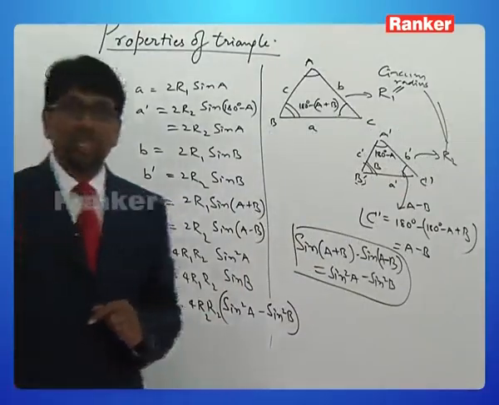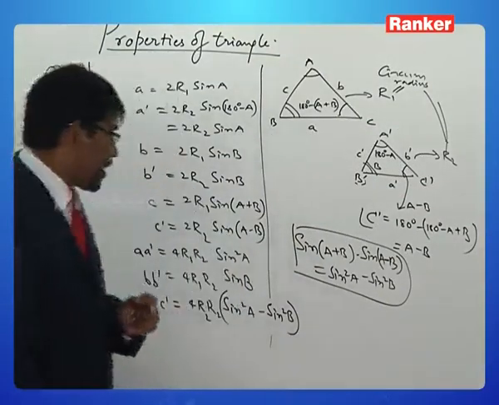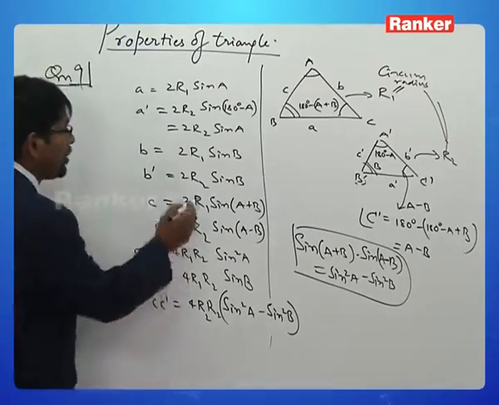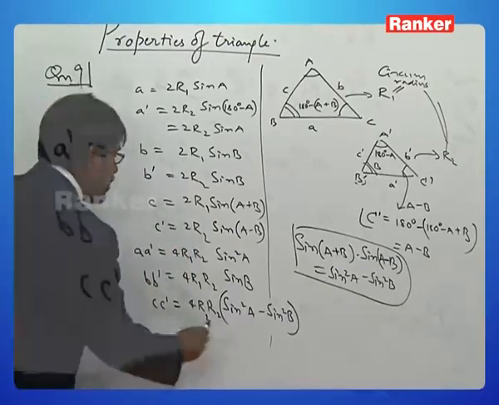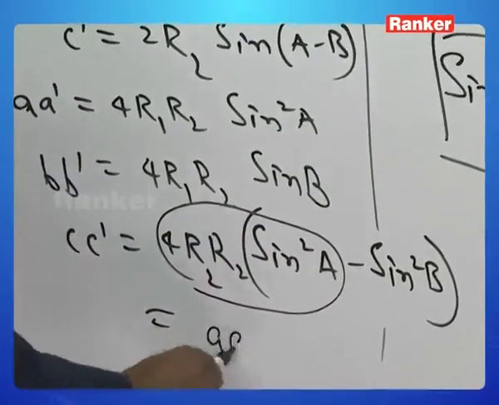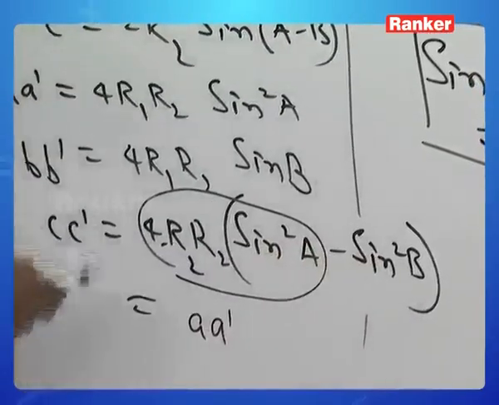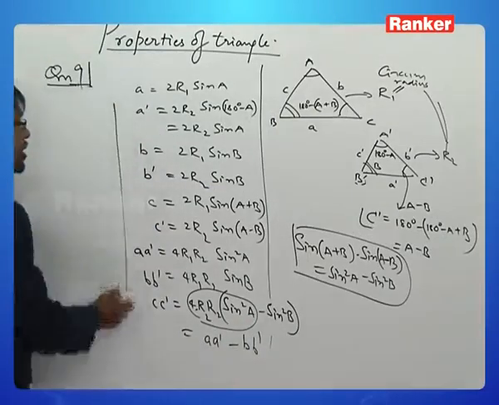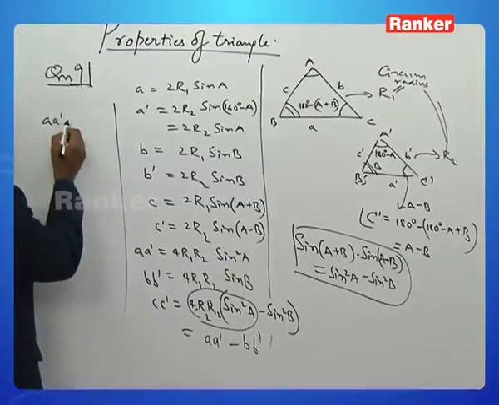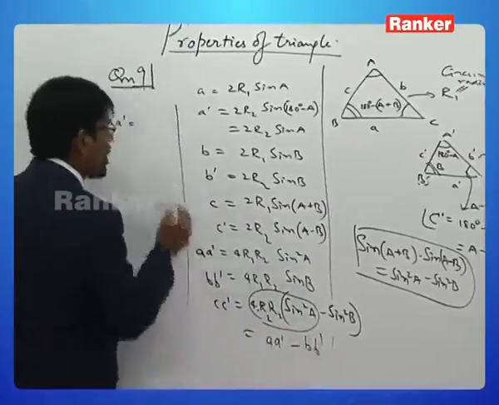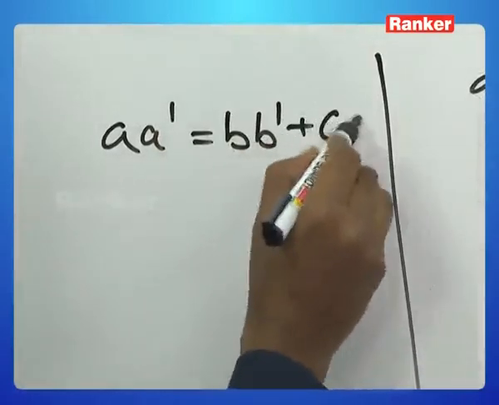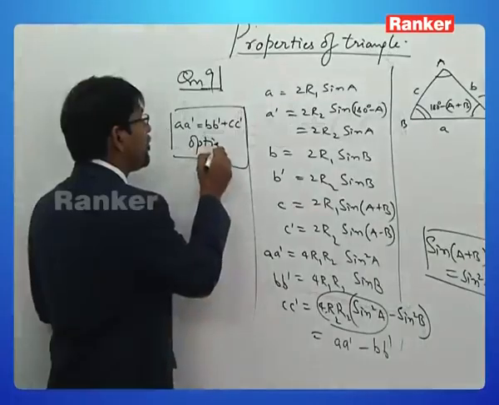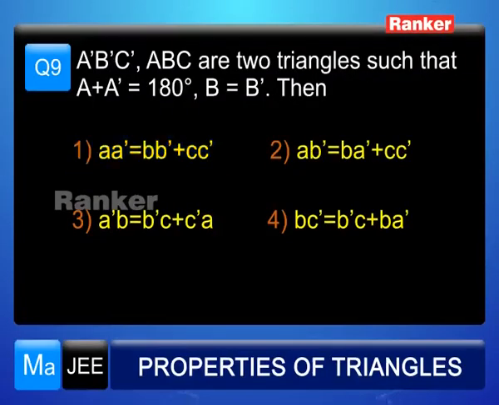So now, that's very clear that we have here, this is 4R1 R2 sine square A is aa dash, 4R1 R2 sine square B is bb dash. So we have therefore aa dash is equal to, let's transpose this bb dash this side, bb dash plus cc dash. So therefore that is clearly appearing in option 1. Option 1 is the right answer.